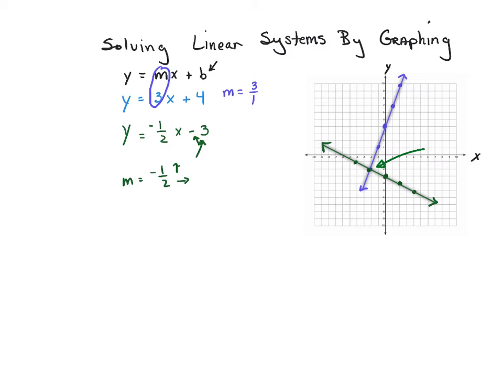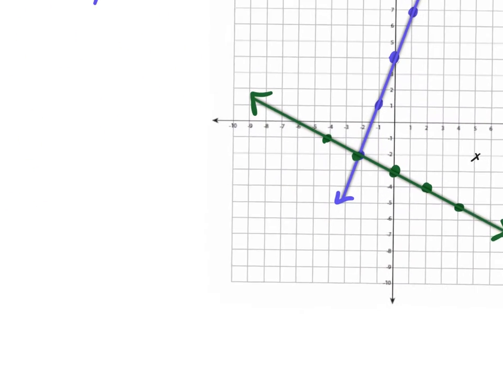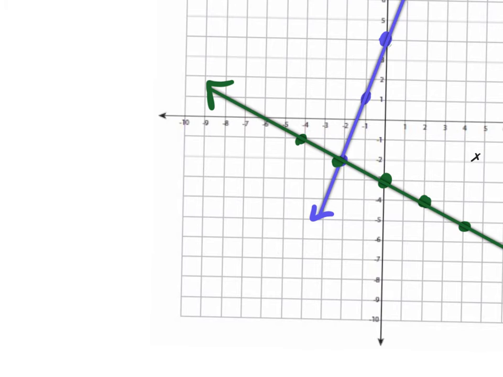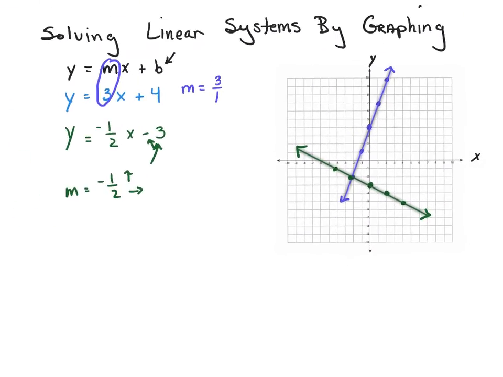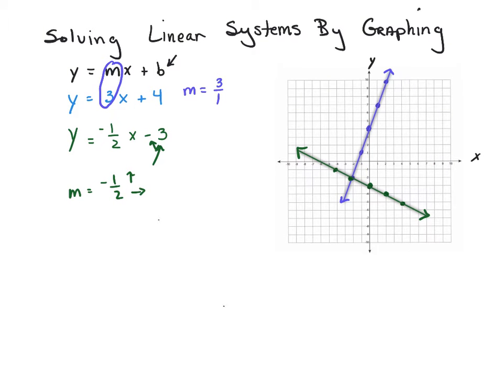That's at negative 2, negative 2, it looks like. Let me erase my arrow to make sure of that. Yeah, let's zoom in there and you can see that at negative 2, negative 2, they share a solution. And so that's the answer to the system. The answer to this system is negative 2, negative 2.